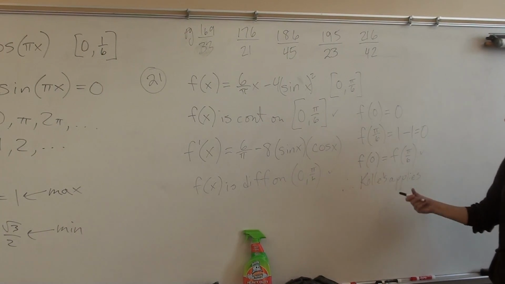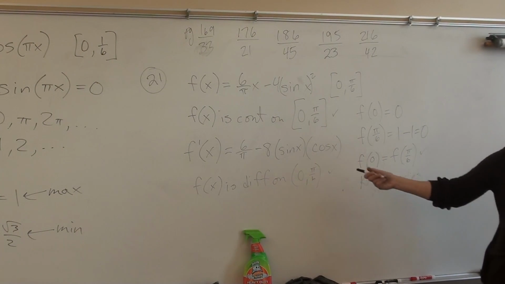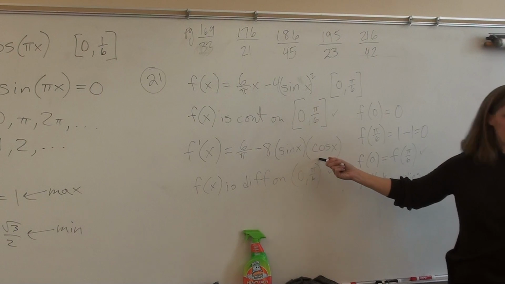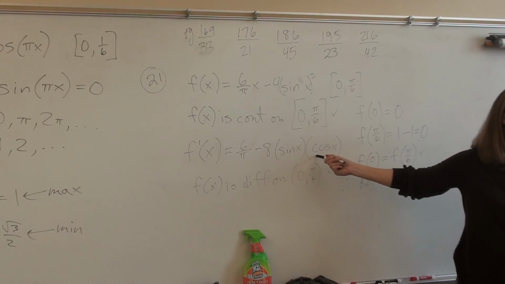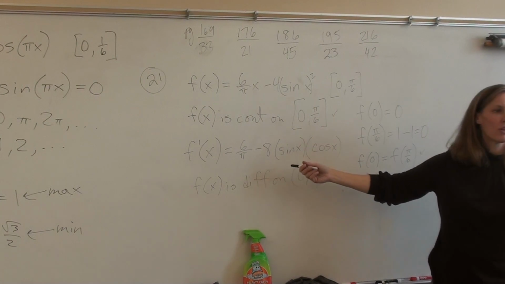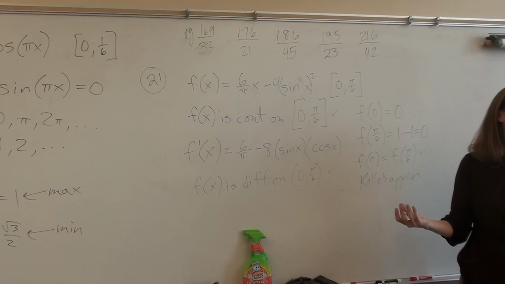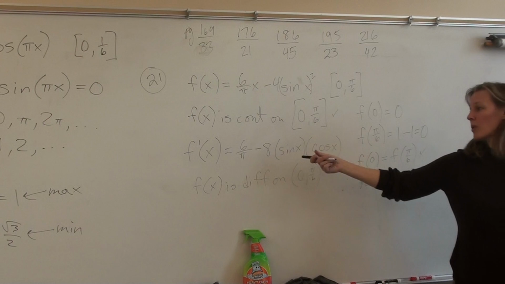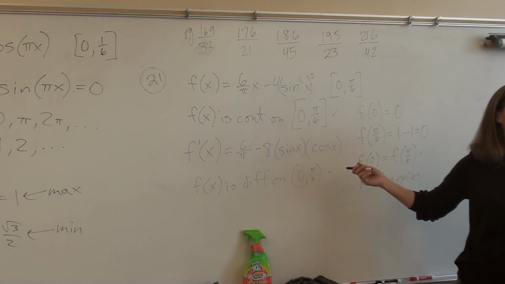Okay? Now, once you've got that it applies, you have to set your derivative, this thing, equal to 0. There's no way to do that without a calculator. And you can try. Did anyone try? No, I saw that it said do C with the calculator. How would you do this with your calculator? First, with the solver, it won't work, but I would put it into y equals, graph, and find the zeros. Okay.